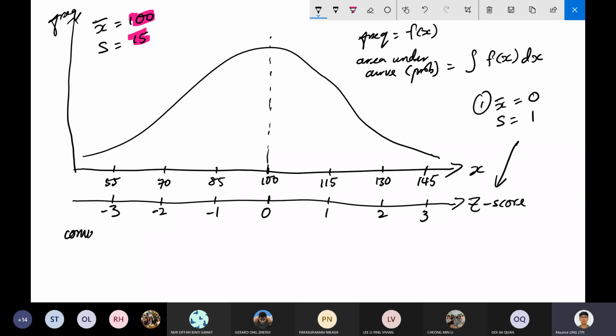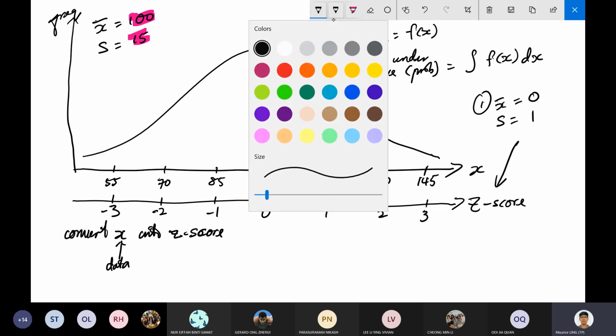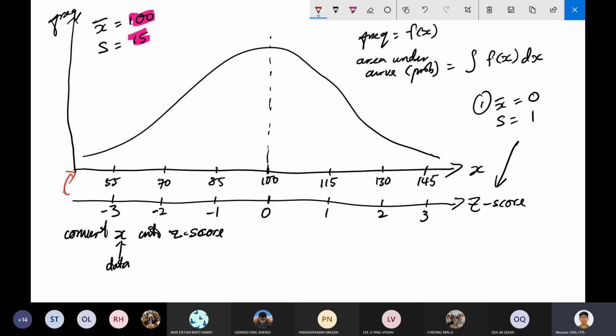You have to convert your X value, the actual data, into the respective Z score. And how do you do that? That means how do you convert between these two axes? Okay. The equation is this. Z score equals the X value minus the mean, divided by the standard deviation.